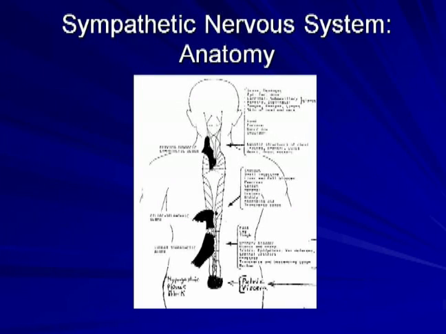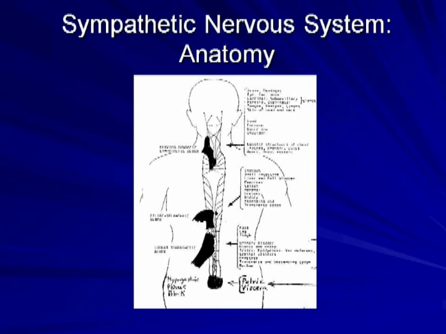Your T1 to T4, maybe T5, is organized in what's called the cervicothoracic sympathetic outflow that gives you the afferent input to the head and neck and the upper extremities. It also gives you outflow to the heart and some of the thoracic cavity.